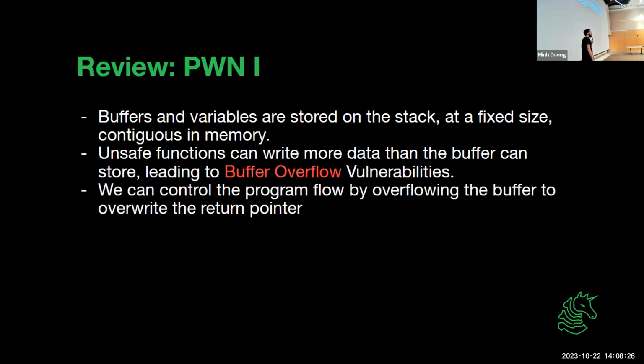We explained some unsafe functions that will take an input and just write it into that buffer location with no concern for the bounds of that buffer. And so this causes a buffer overflow vulnerability. With that, you can overwrite the return address and control the program flow and make the binary do something unexpected.